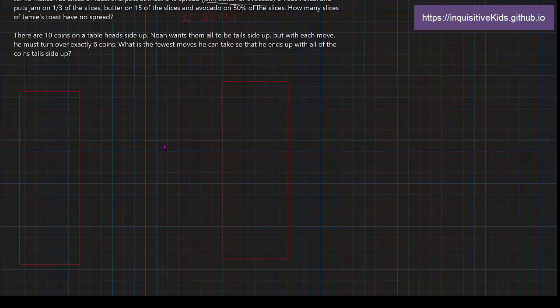So after the first move, how many would be head side up? Well, 4. So let's write that. 4 H's and 6 tails after the first move. So we'll get that clear. After the first move, he'll have 6 tails that's already flipped over.